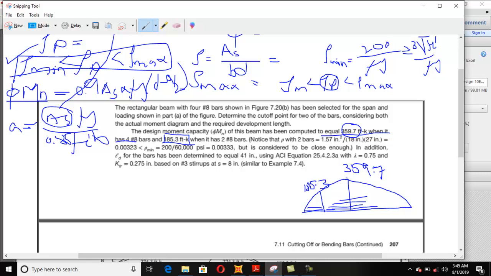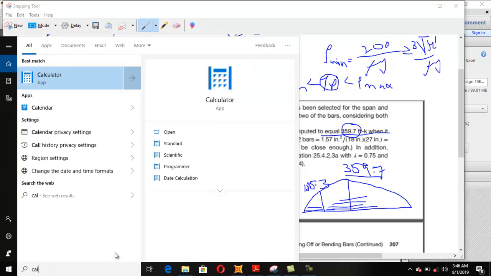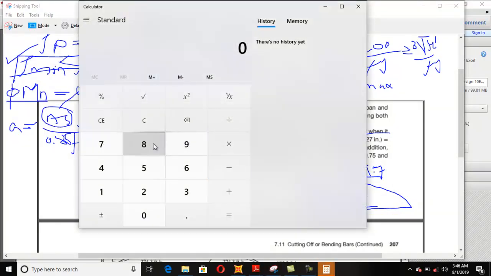If you consider half of this value, you can say this will be 30% of this value. Okay, no, sorry, 50%.